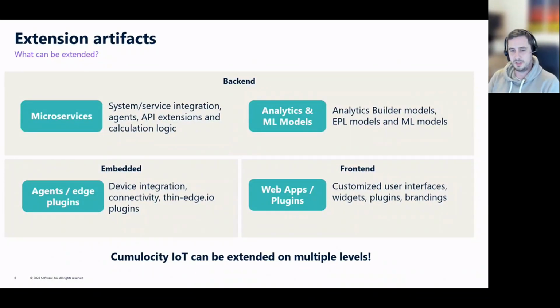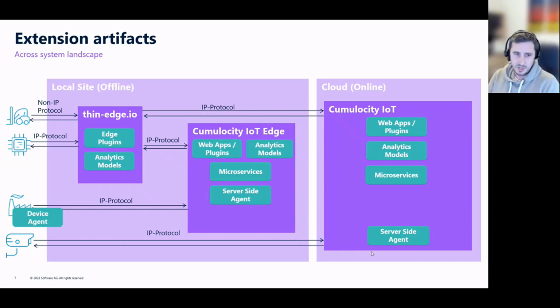This is the front end category, how you can extend it. And this, I would say, is the core of how we can extend the Cumulocity IoT platform. We have the backend logic, we have the embedded logic for device integration, and we have the front-end logic. So to summarize, we can extend it on multiple levels.